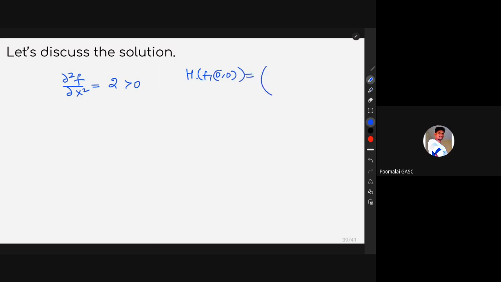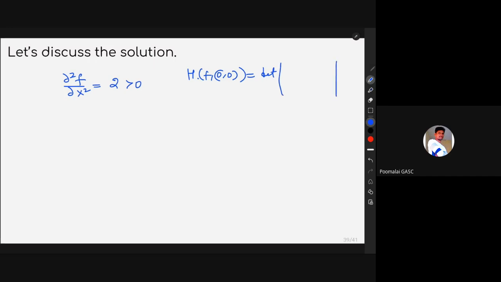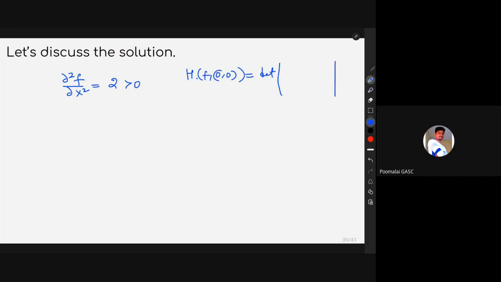I need to find the determinant of this matrix, which is 2 first, and the second quantity will be 0. Here it will again be 0, and 2 again, so it will be 4, which is positive.